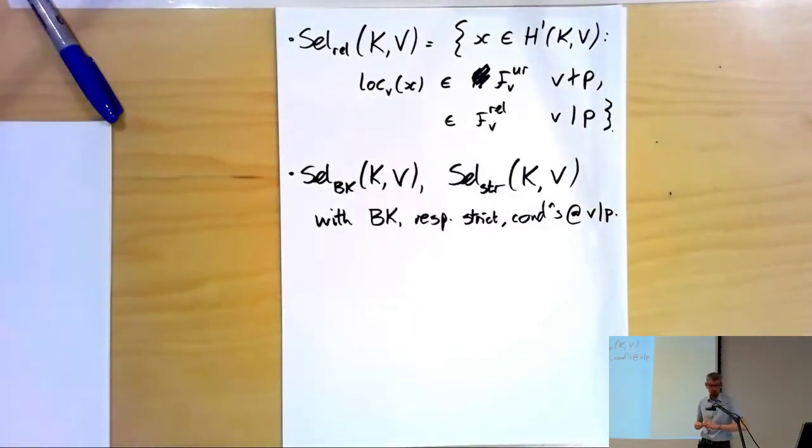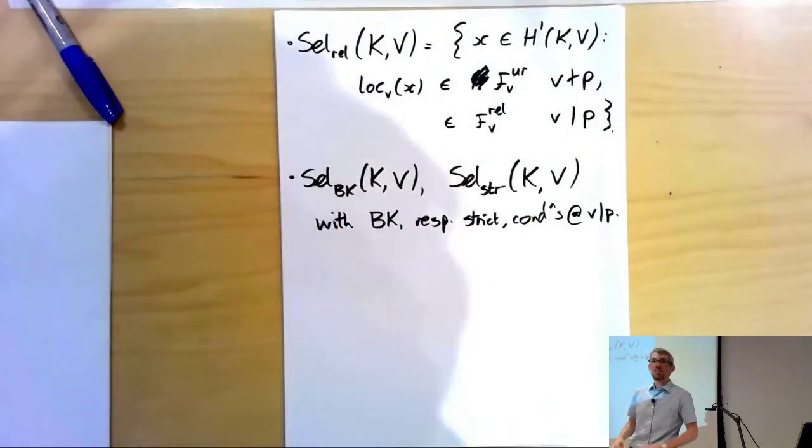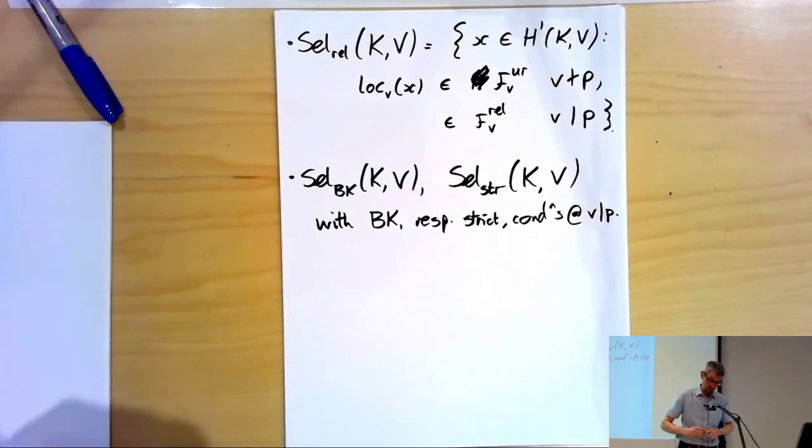As will become clear in a moment, the important one here, the one we really want to study, is the Bloch-Kato Selmer group. This turns out to be the right thing to formulate a conjecture relating L-values to Galois cohomology. You should think of the strict condition and the relaxed condition as somehow a crude upper and lower bound for the Bloch-Kato condition. They're somehow approximations to it that you can get without having to do hard local theory at primes above p.